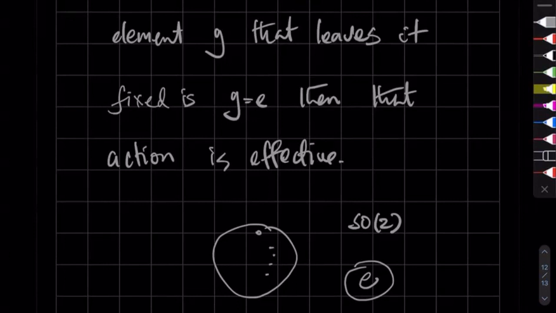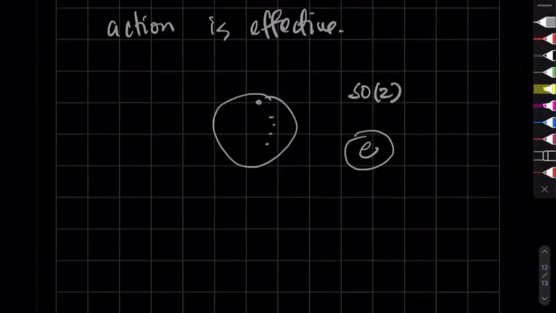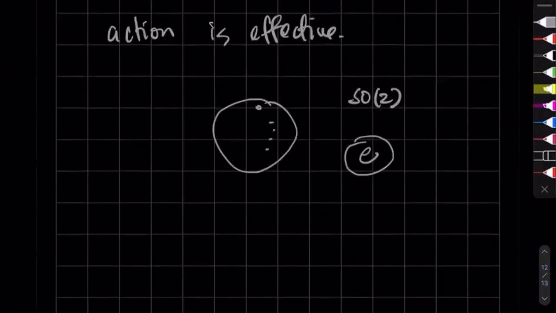If there is a bigger set, the outer shell would be effective and the inner circle would be free. Here we see an example where it is an effective action, but it's not free.